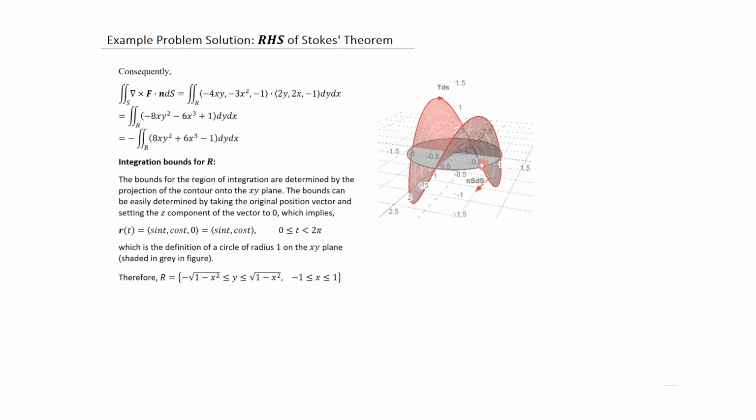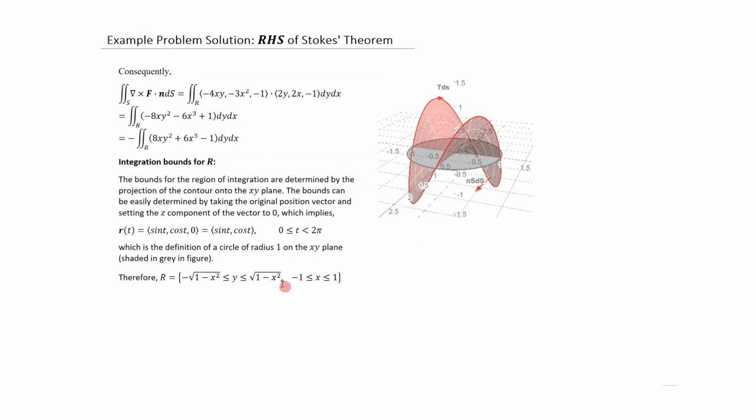Again, this is what's shown shaded in gray, and therefore, if we were to describe the bounds of this region in Cartesian coordinates, then for y we would have an upper half circle and a lower half circle, one for y greater than, and one for y less than. So these are the bounds on y that you see.